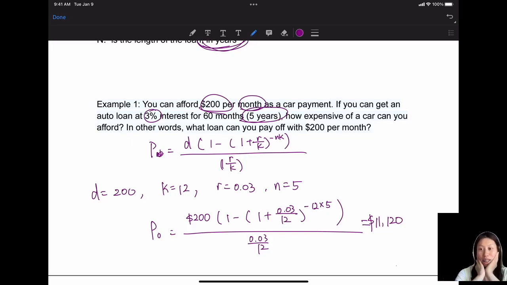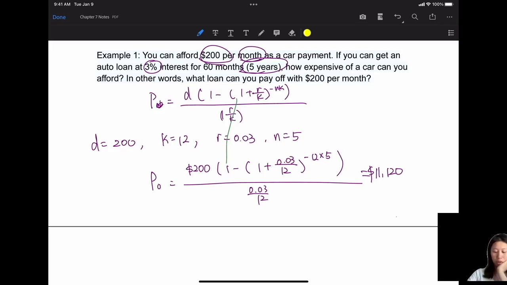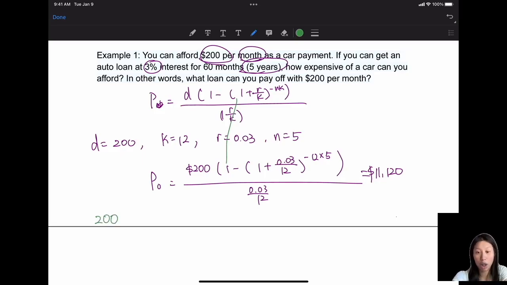Okay, let me ask you an interesting question. Think about how much you put in total over the 5-year period. Each month you put in 200, for 60 months, which is 5 years times 12.